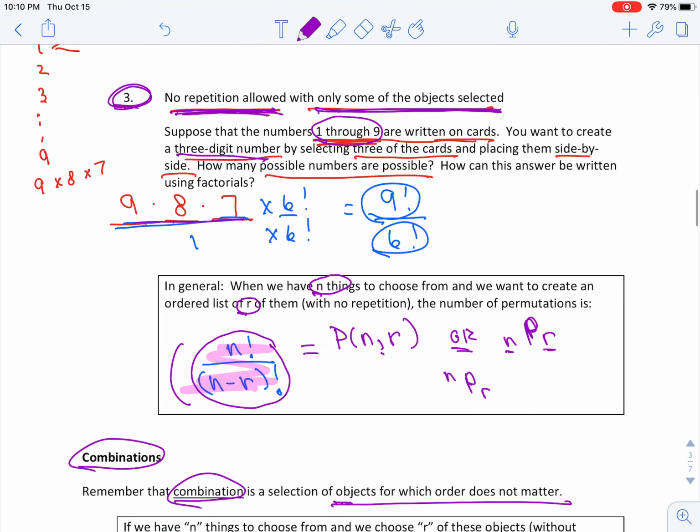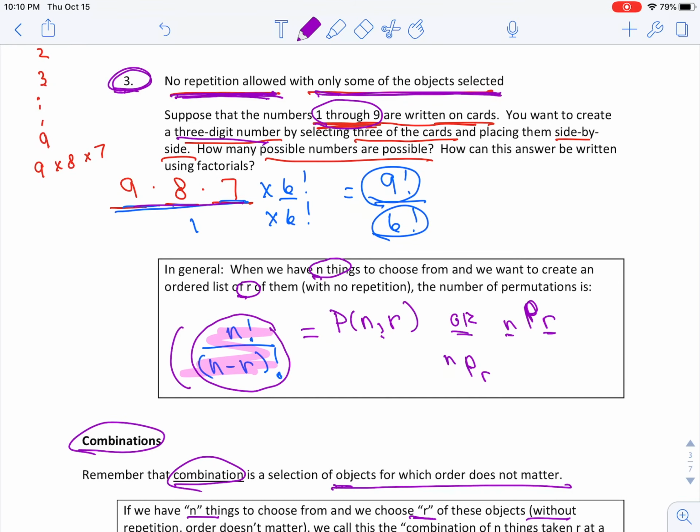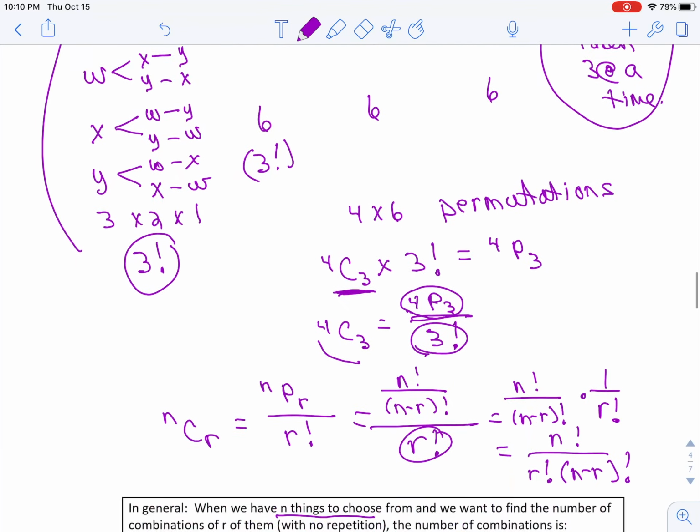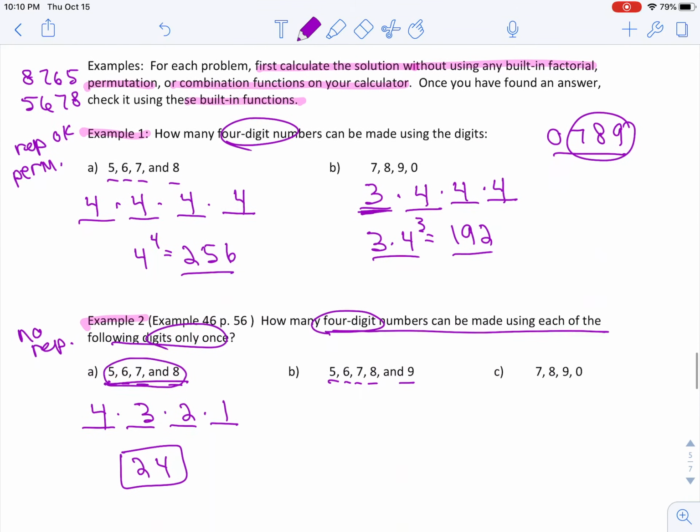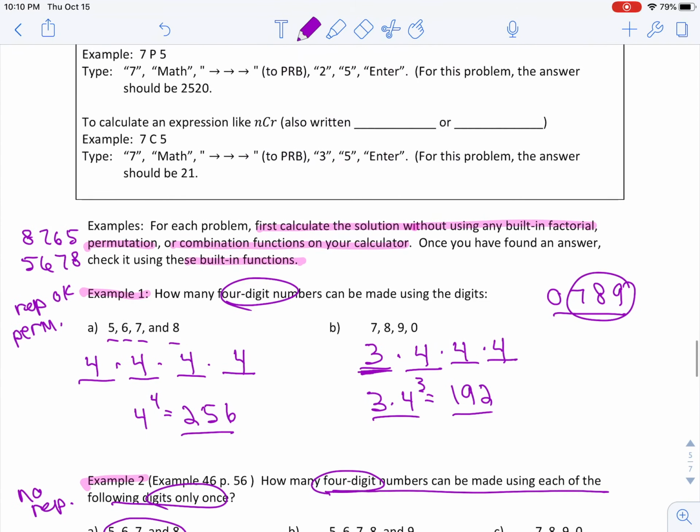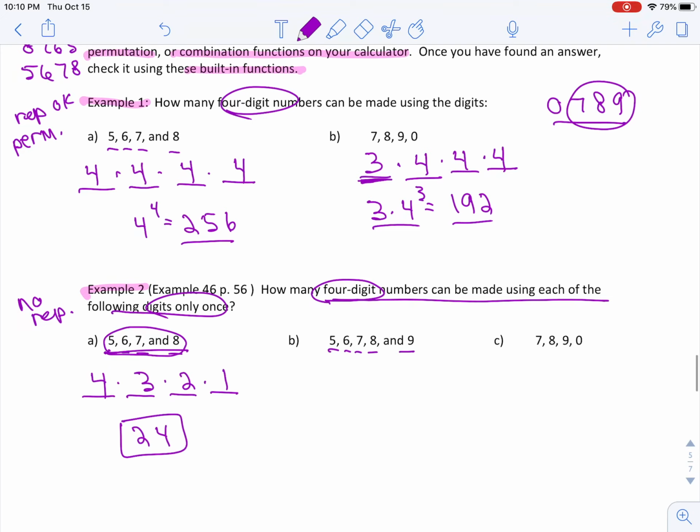Recall that this one is the permutation of n objects taken r at a time. And here's the formula, which we want to remember. We'll write that formula down as we go through this problem. The permutation of n things taken r at a time is n factorial over n minus r factorial.